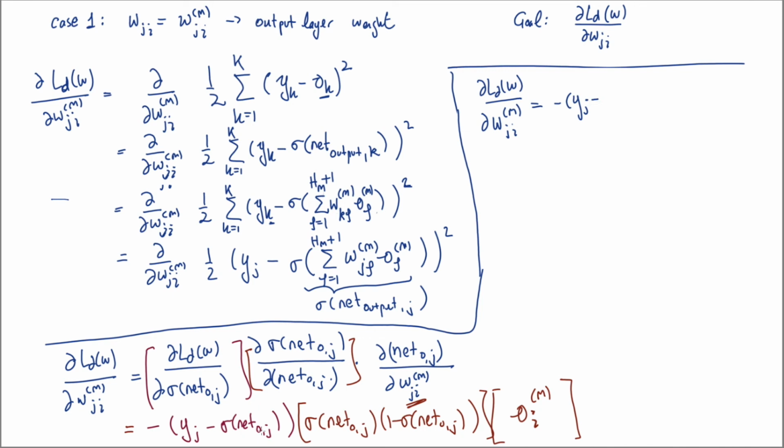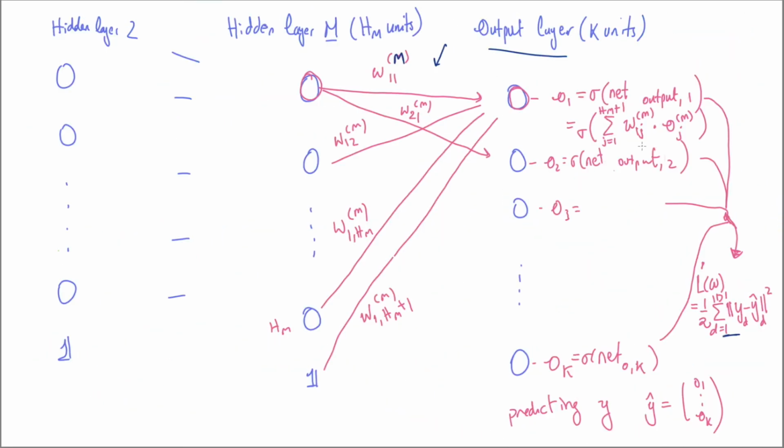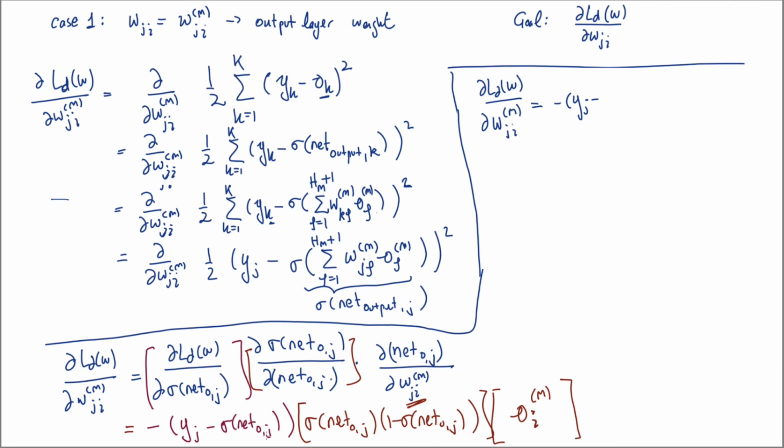So what is sigma(net o_j)? Well, sigma(net o_j) is just literally the output, right? So if we look here, sigma(net output 1) is o_1, so o_j is going to be sigma(net output j). So these sigma(net o_j) terms are just the output of the jth unit in the output layer.